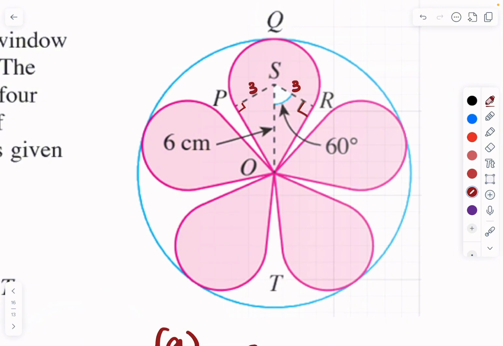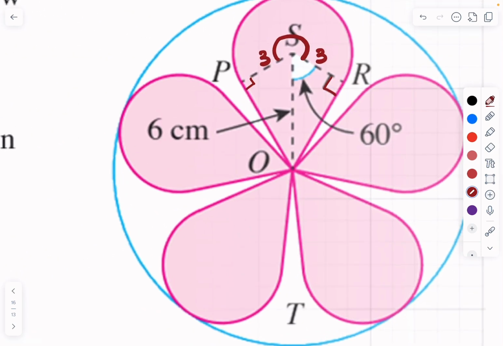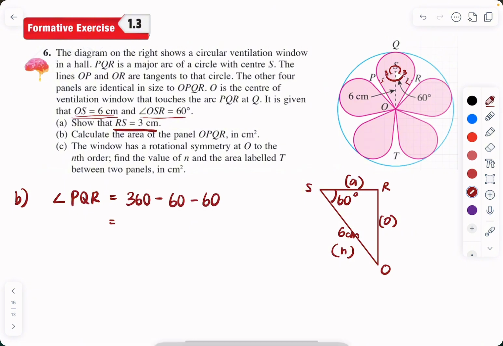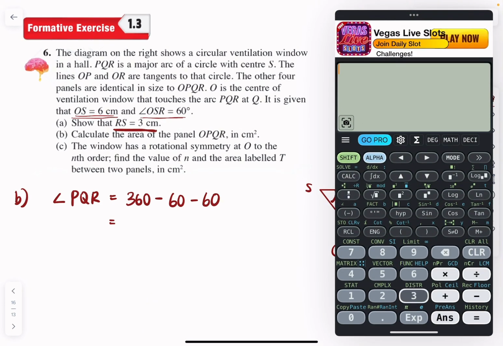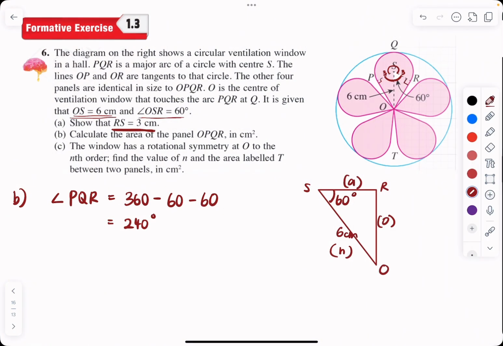Now we need to find the angle here, then we can find the area of sector. So this angle is 60, that means this one also will be 60. So the whole thing will be 360. You can say angle PQR is 360 minus 60 minus 60. So 360 minus 120 is 240 degrees.